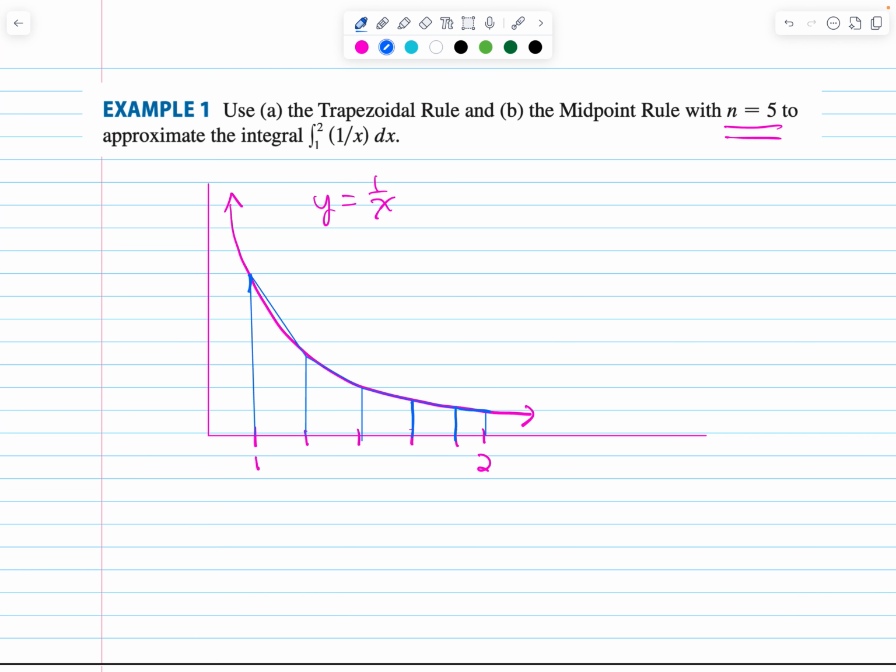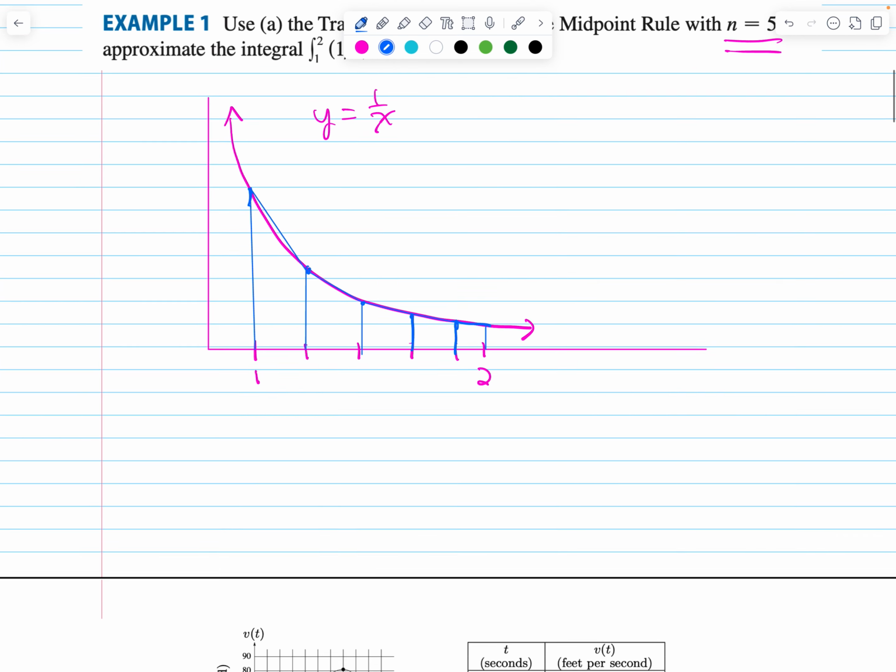Now, we need to know 2 things. We need to know these y values, and we need to know the x values at all the vertices on our trapezoids. For the x values, if you take all the points between 1 and 2 and split them into 5 subintervals, you're going to go 1/5 of a jump for your delta x between each one.